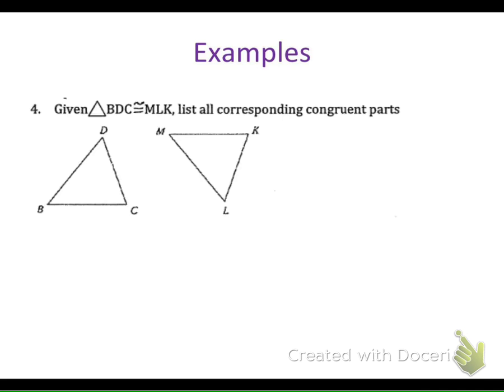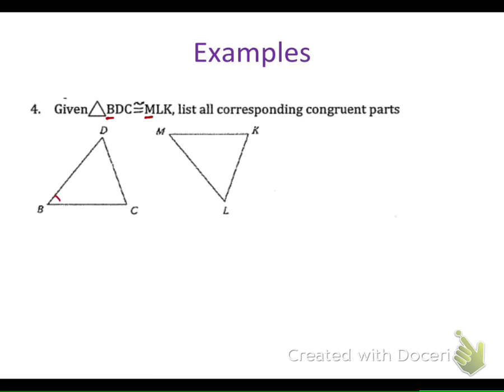Okay, so now we have triangle BDC and triangle MLK. We want to list all corresponding congruent parts, so we're going to draw those onto our triangle. For our first spot here, I'm going to start using this color. We see that angle B is congruent to angle M. They're both in the first position.